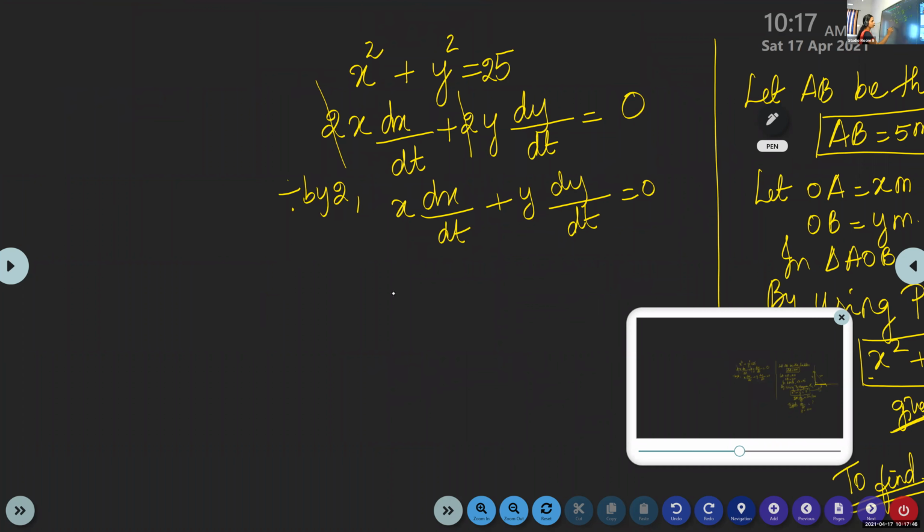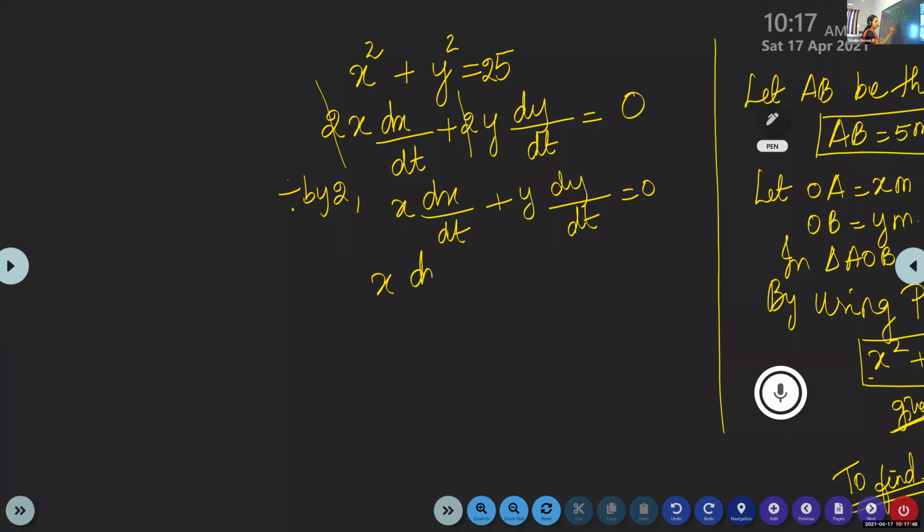So x into dx by dt, we don't know. That is what we want to find. The value of y is 4, into dy by dt which is 2, plus that equals 0. So x into dx by dt is equal to minus 8.